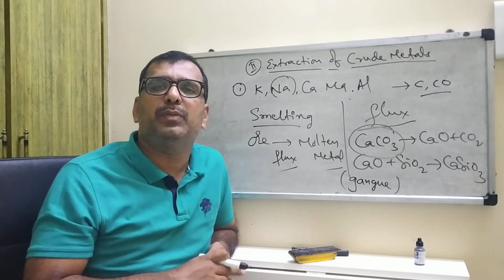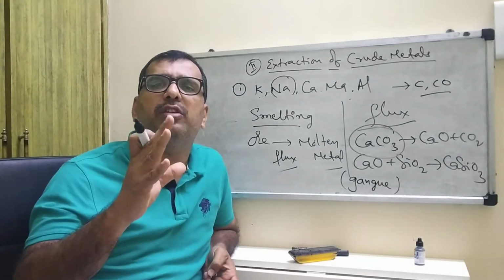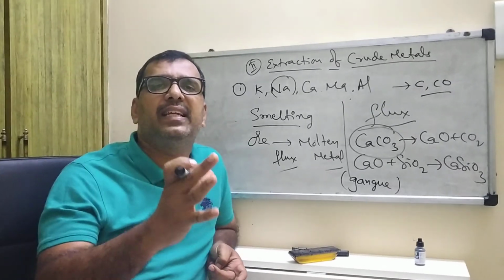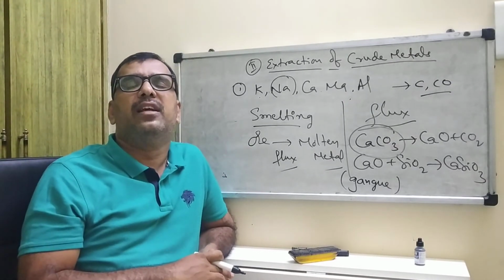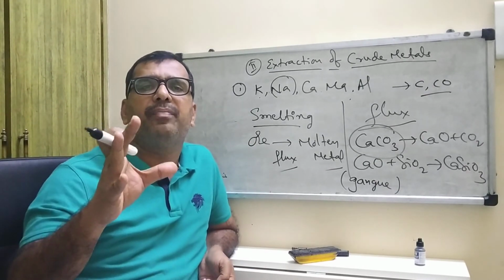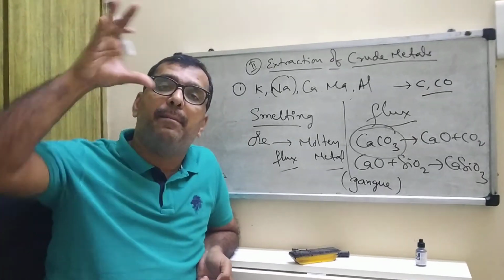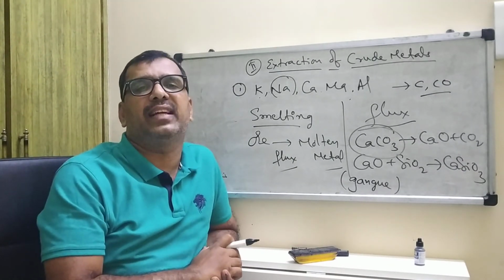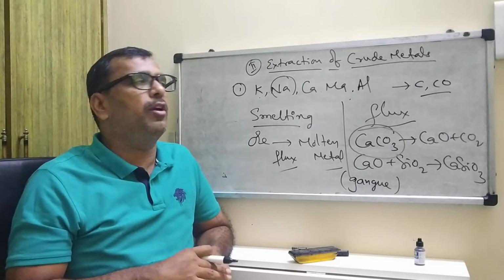What is smelting? Smelting reduces the ore into molten metal by heating with flux at high temperature. What is flux? Flux is a material which combines with impurities to form a fusible material. So these are the terminologies, very good.